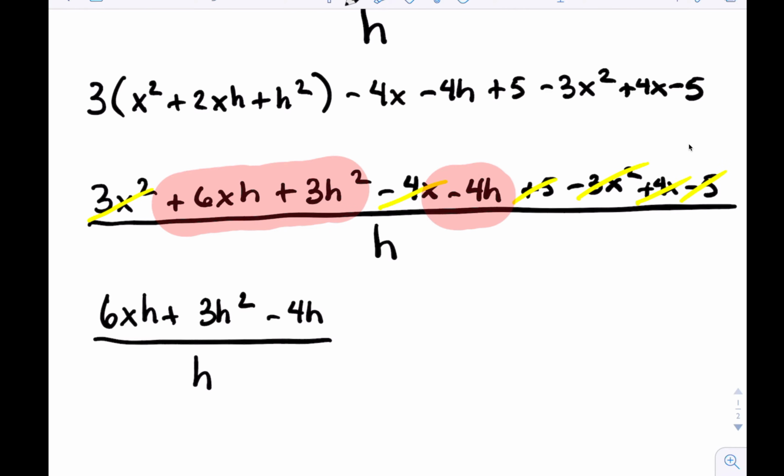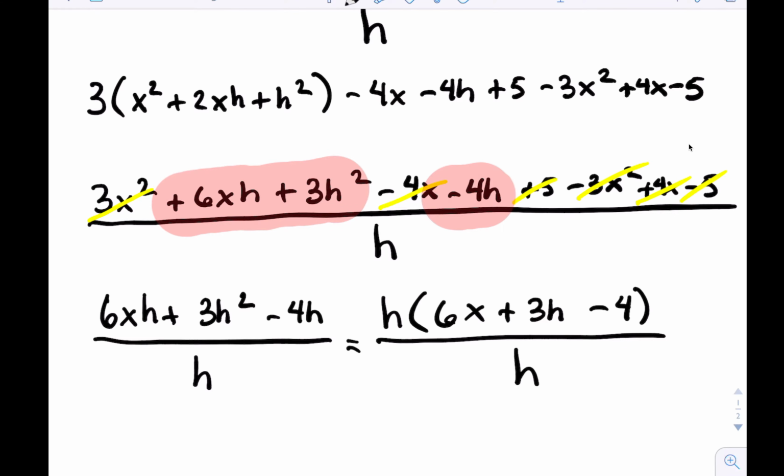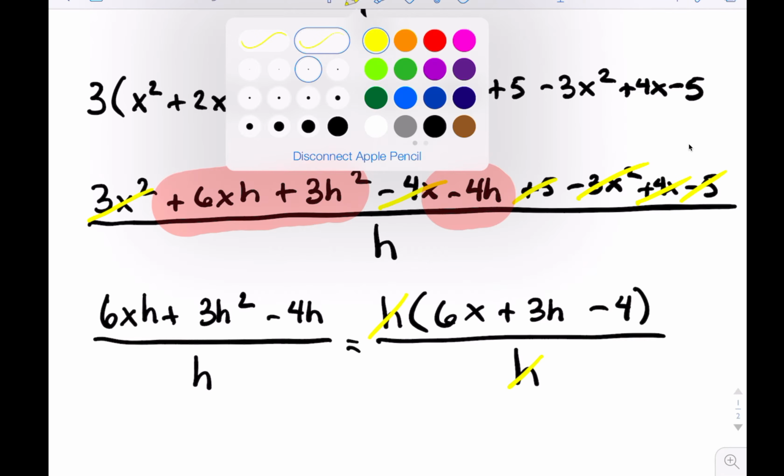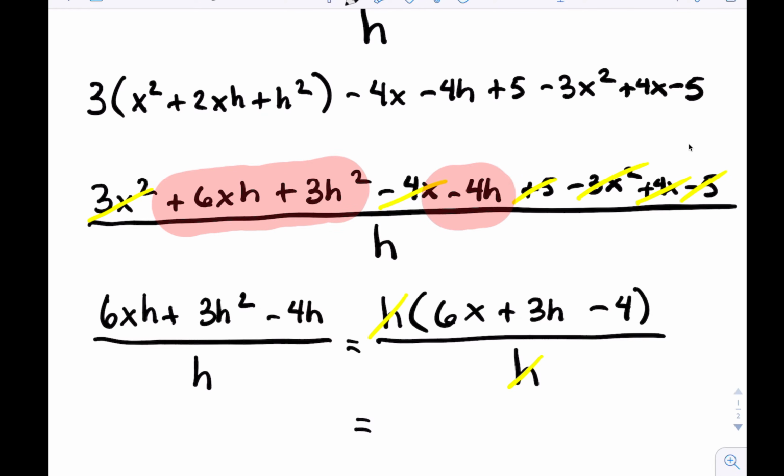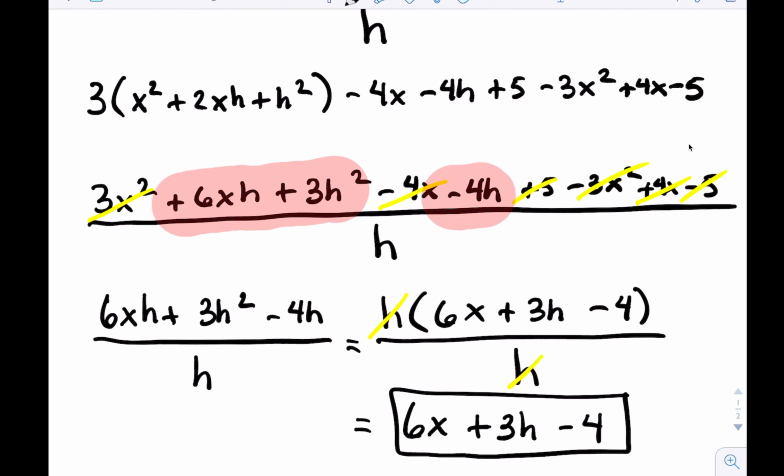Now on the top you can take out an h term. So that's 6x plus 3h minus 4, all over h. I can cancel out the h terms there, and now your final answer is 6x plus 3h minus 4. That is your answer.